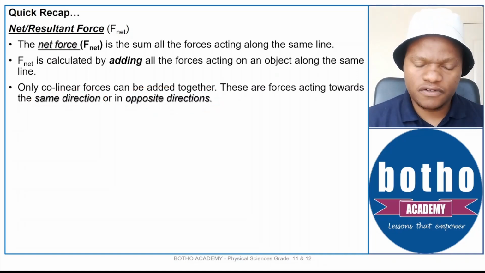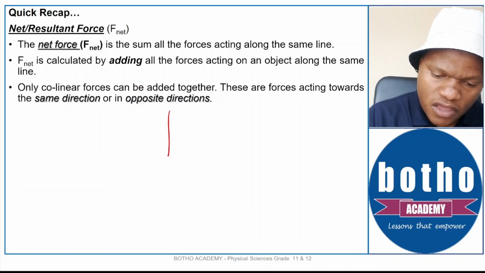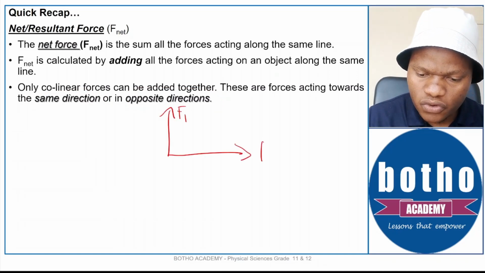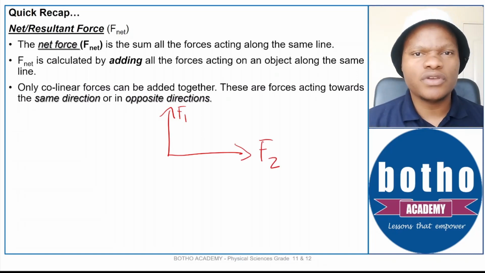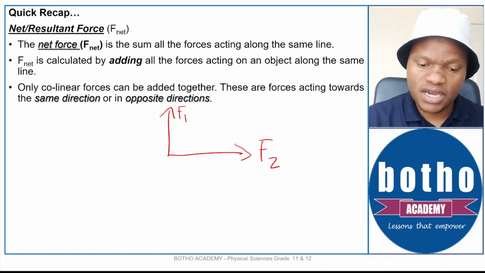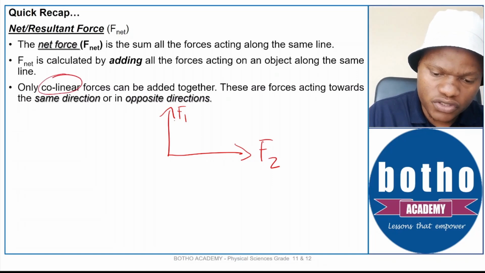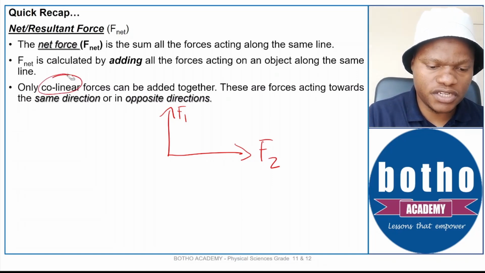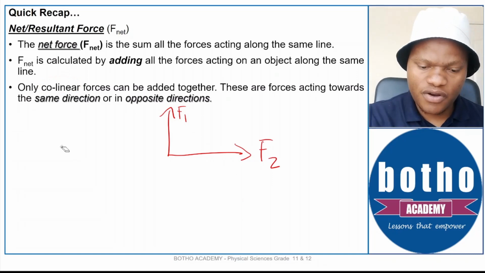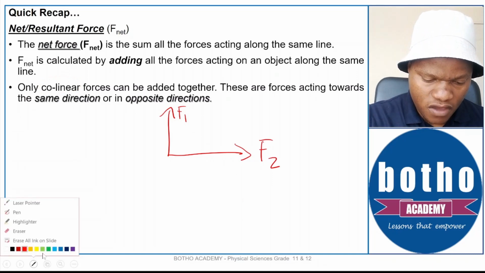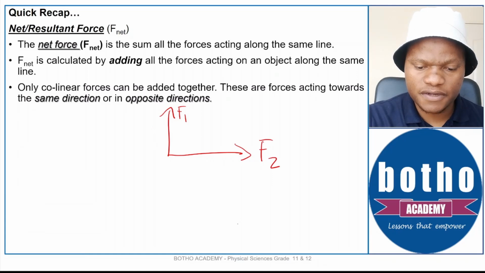So, for instance, if you have a vector here, let's call this vector 1 or force 1, and you also have force number 2, you cannot add those two because they are not acting along the same line. We can see the one is in the vertical axis and the other one is in the horizontal axis. So you cannot add vectors that are not collinear, because these two vectors are not collinear. They cannot be added. However, if you were to have a force, I'm going to use a different color here.